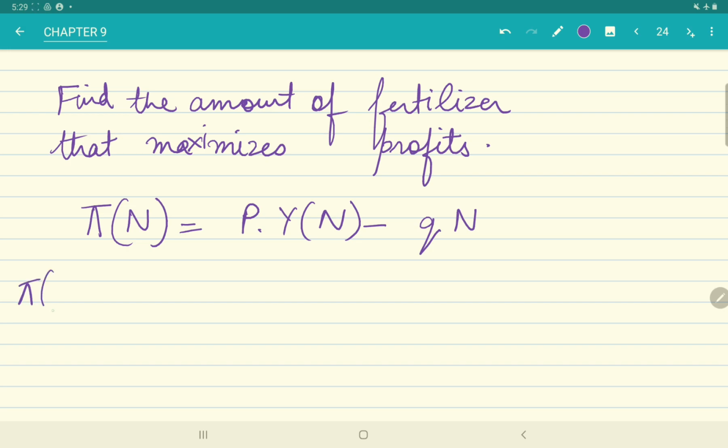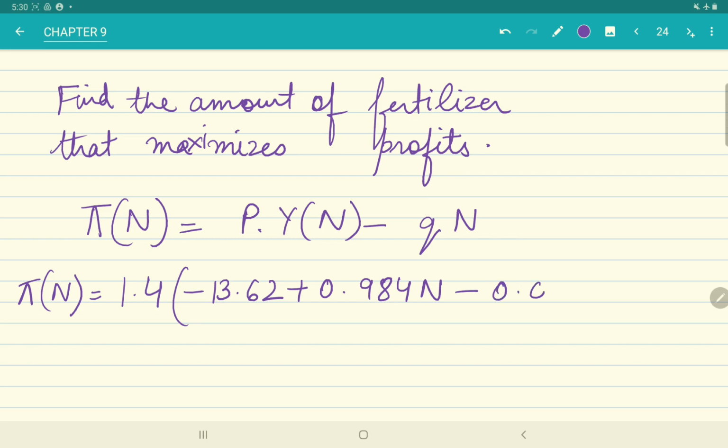So I can now write pi of n is equal to 1.4 times the yield function, which is minus 13.62 plus 0.984 n minus 0.05 n raised to the power 3 by 2, minus Q n.